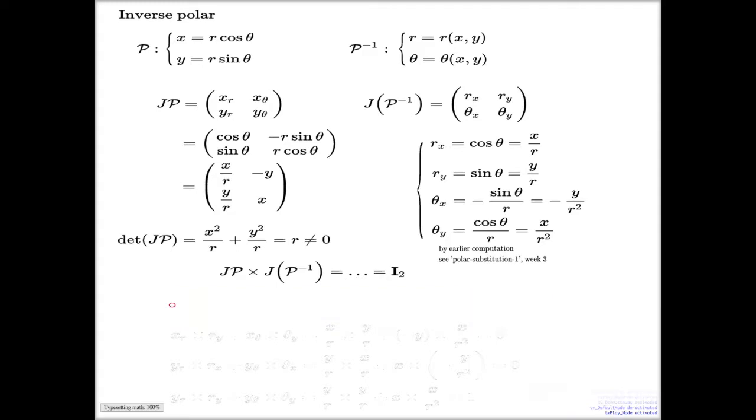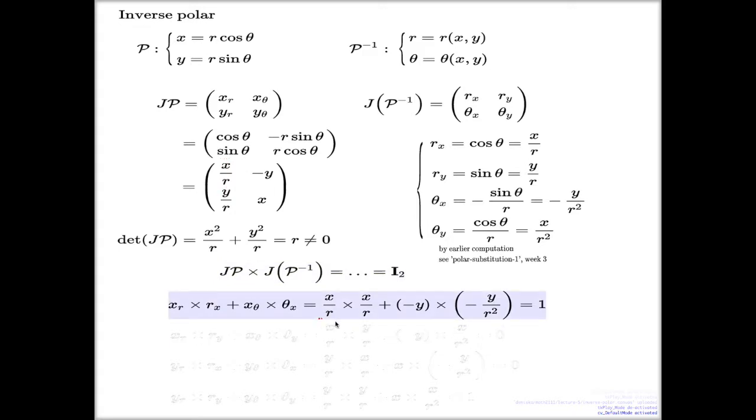Here's the verification. If I compute this product, I have to take the first row here, dot product with the first column here. Here it is: x_r times r_x, x_theta times theta_x. If I sub in my analytical expressions, and I prefer to sub them in the form of x and r, that's a substitution, and that is 1. x_r is x on r, another x on r for r_x from here, x_theta from here is negative y, and theta_x from here is negative y over r squared.